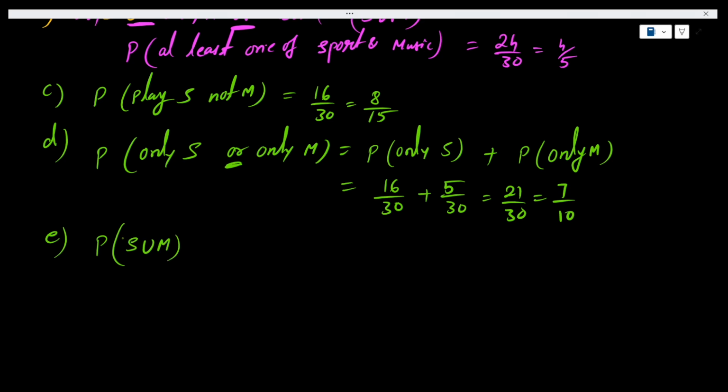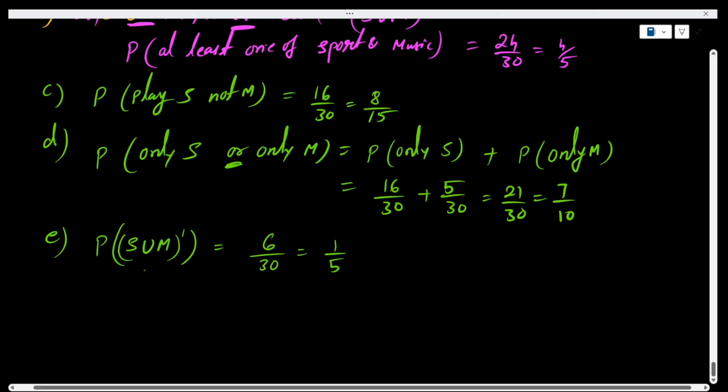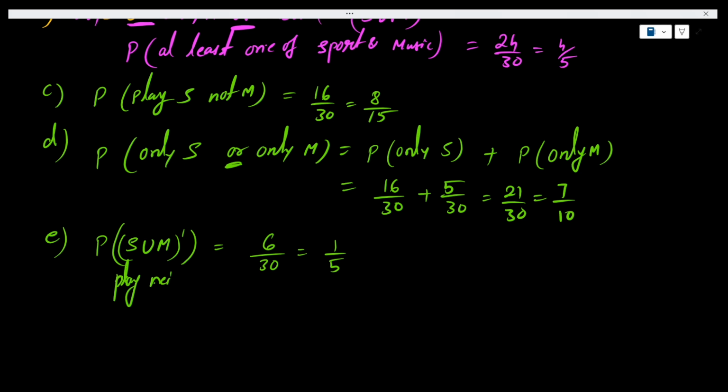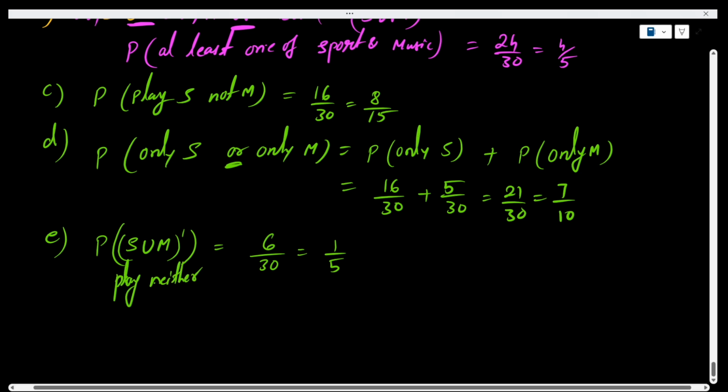I'm just writing this so you understand the Venn diagram also. You can directly write down 6 by 30, which is 1 by 5, right? If you're not writing it here, you can just write in words also, play neither. Then it is 1 by 5.